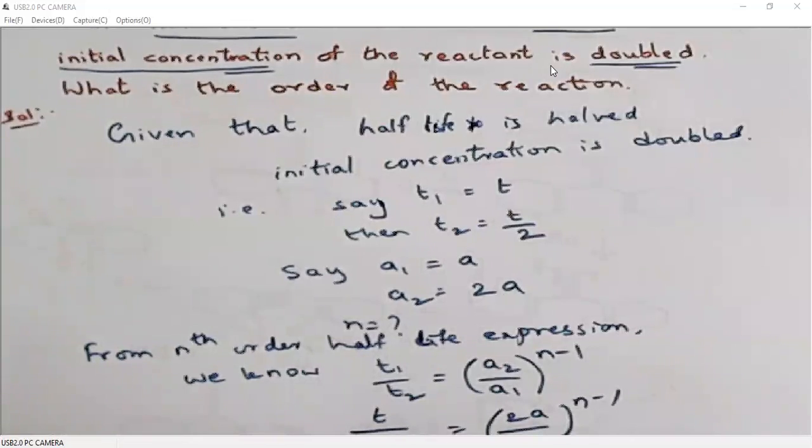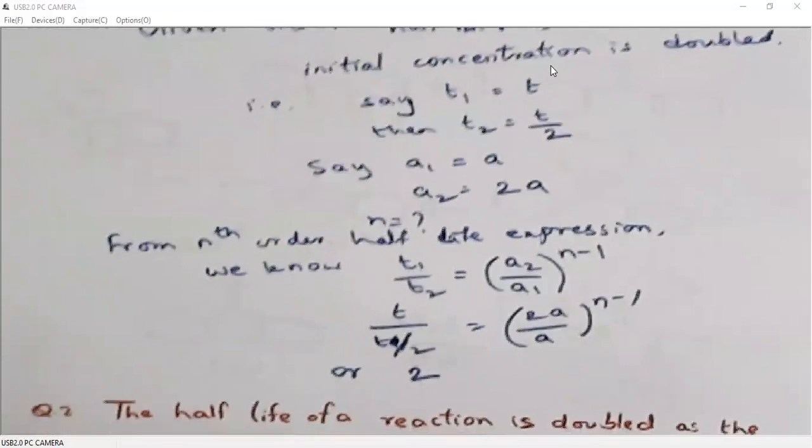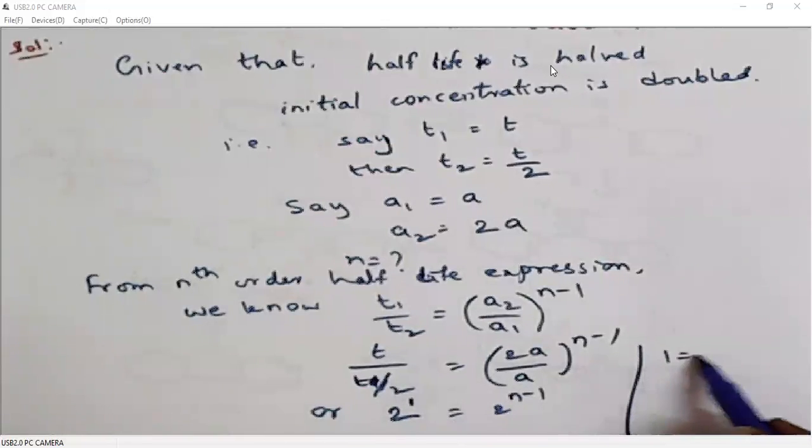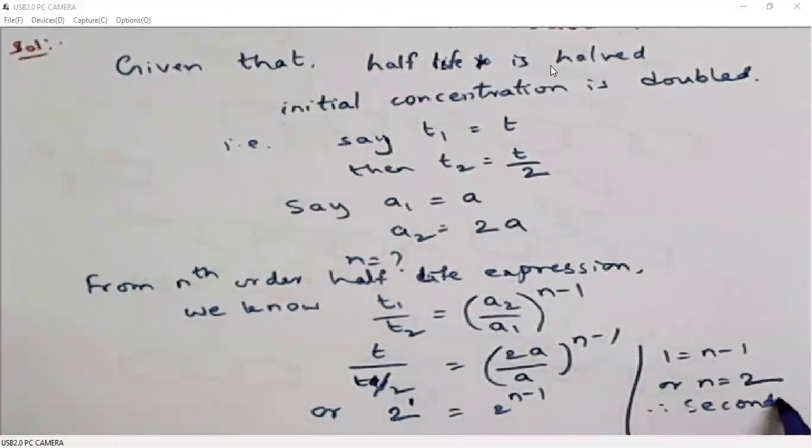T will get cancelled, so 2 becomes the numerator: 2 is equal to 2 power n minus 1. Because the bases are the same, we can equalize powers. Therefore, 1 is equal to n minus 1, or n is equal to 2. Therefore, it is a second order reaction.